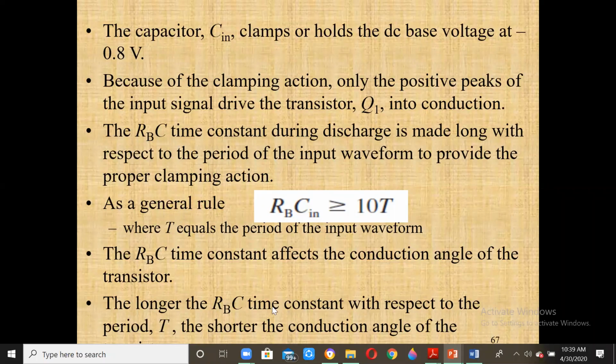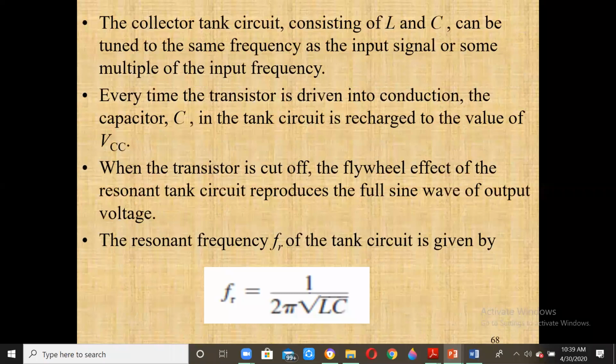The longer the RB Cin time constant with respect to the period T, the shorter will be the conduction angle of the collector tank circuit consisting of L and C. We can tune this to the same frequency as the input signal, or to a harmonic, a multiple of the input frequency. So it's up to us to tune to the fundamental frequency component of the input signal, or to a multiple of it, which corresponds to the harmonics.